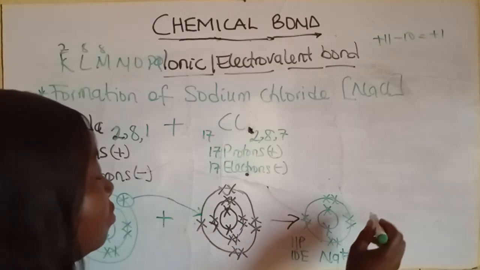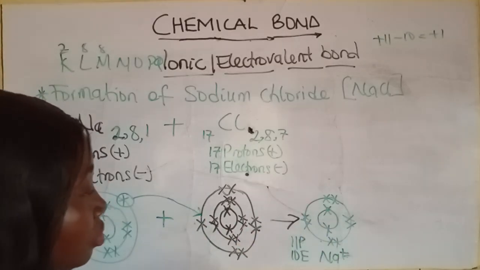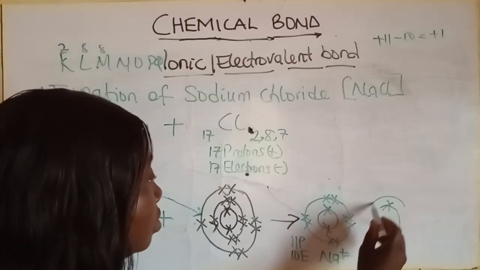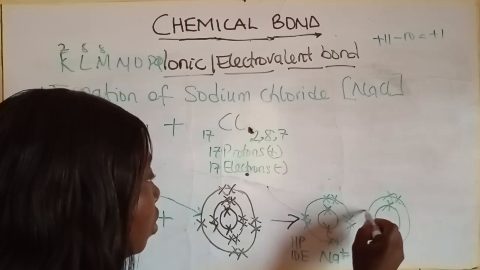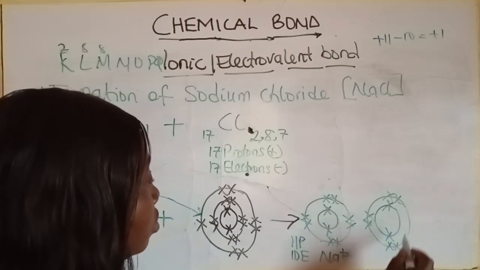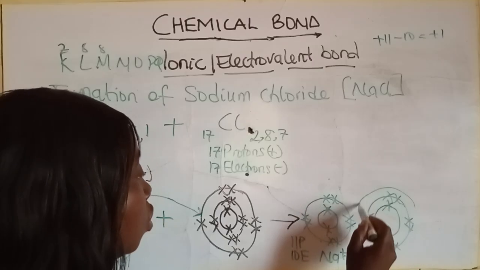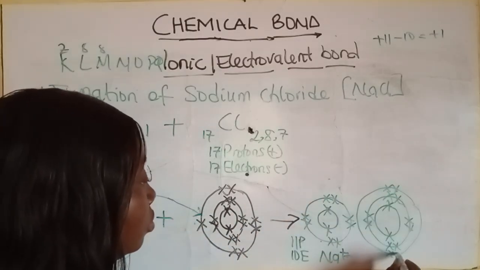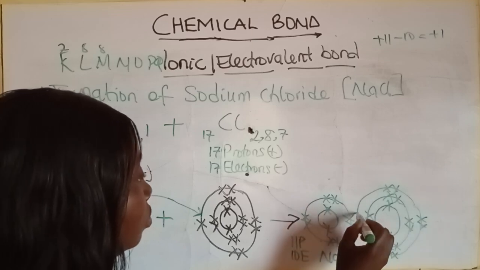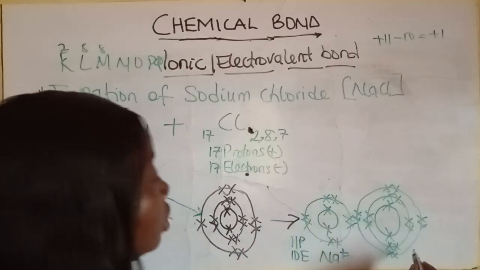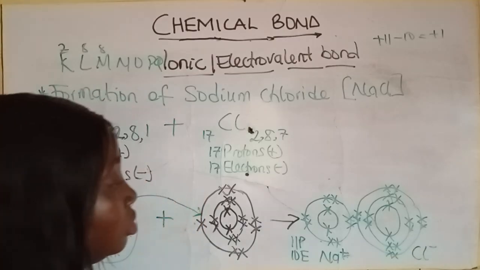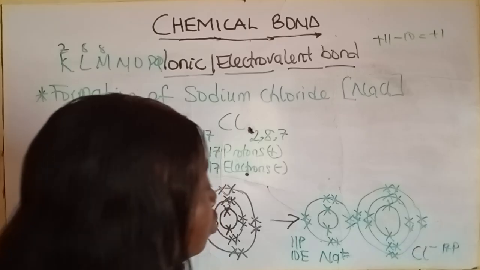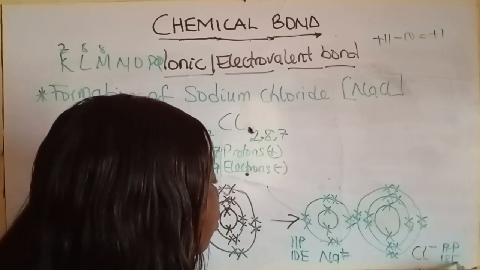Now we have the chloride ion, which still has the first shell, the second shell with 8 electrons, and the third shell now with 8 electrons. That is now chloride ion with 17 protons and 18 electrons.